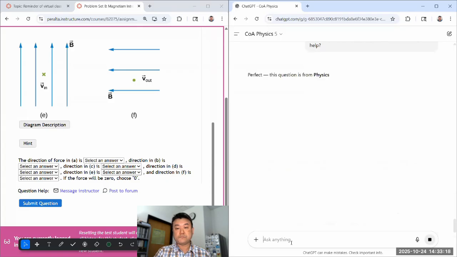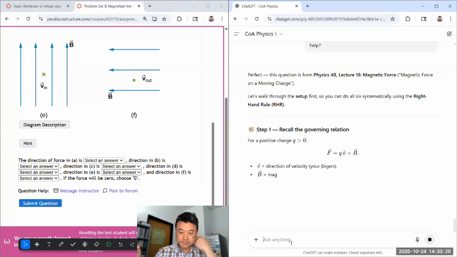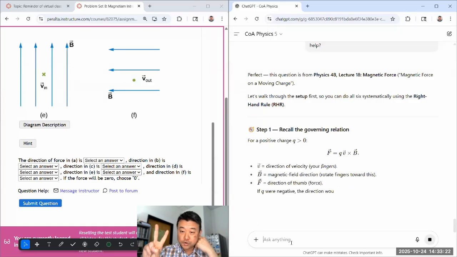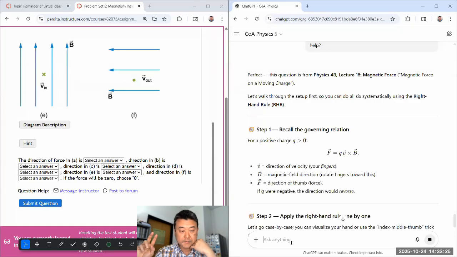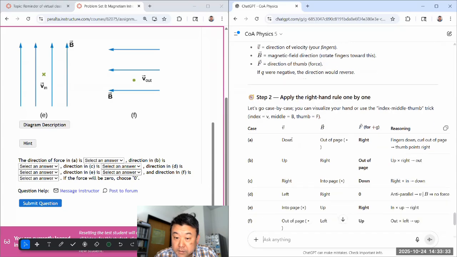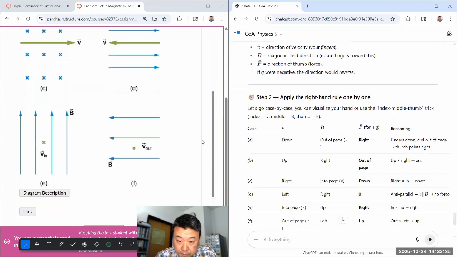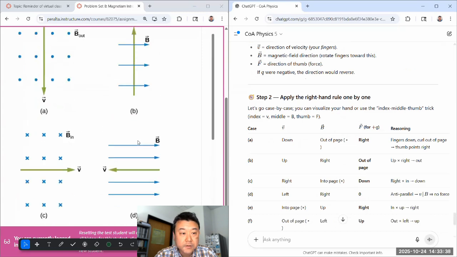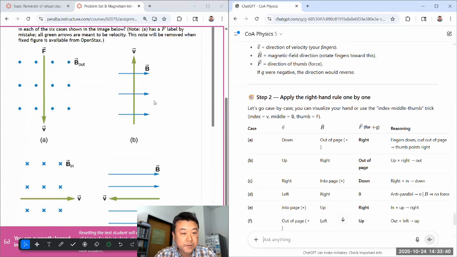So one, let's see if it helps in an actual helpful way, and two, if it gets them correctly, because in the past it hasn't gotten everything correctly. Governing equation, yeah, cross product you're doing. Let's see if it understood each case correctly. So A, V is down, B is out of page.